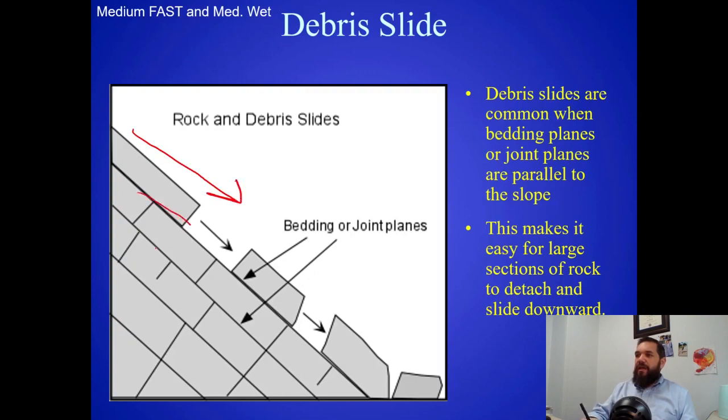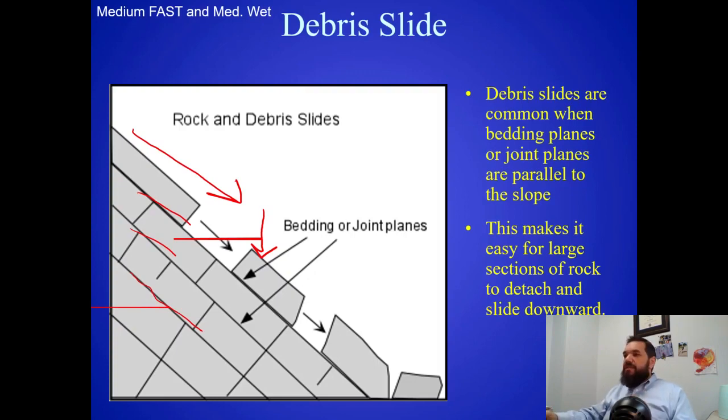Here are the bedding planes, and they're all parallel to the slope, right? So it's really easy for these coherent blocks to detach and slide downhill under the force of gravity. That's what we mean when we talk about slides. Remember, slides have that coherent block of material that stays together, okay?